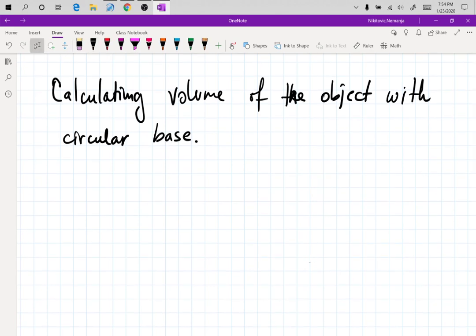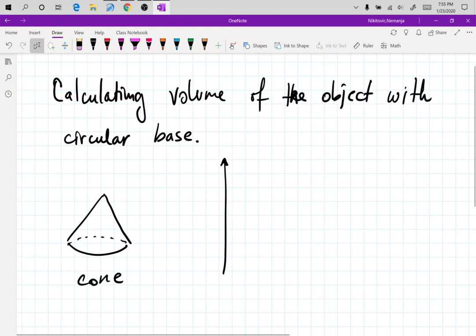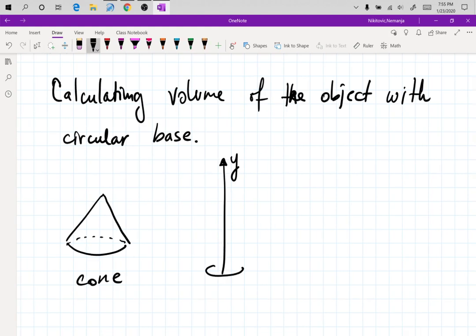If you want to talk about a cone, a cone can be created when you take, let's say, the y-axis and you rotate a line segment at an angle, like this.